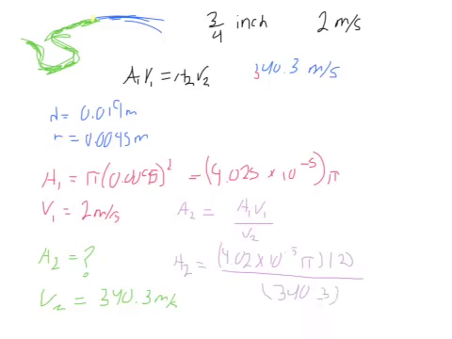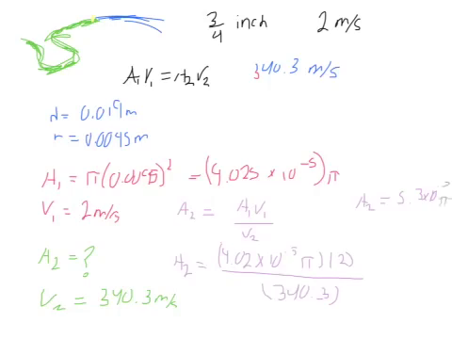That gives us A2 is equal to 5.3 times 10 to the negative seventh pi.